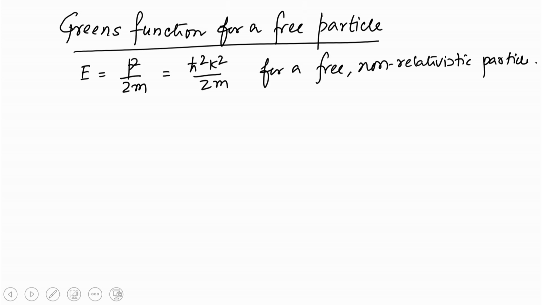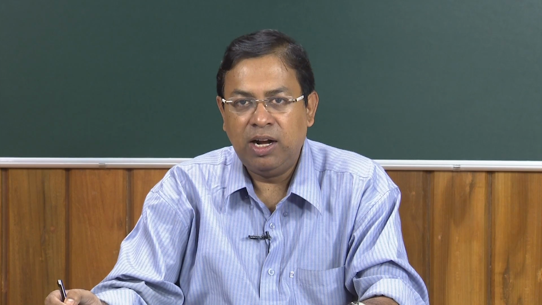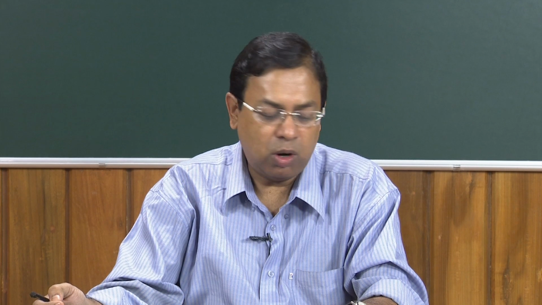So, it can be expressed in plane wave states, written as exponential of i k x, or in terms of the momentum explicitly, i p x by h cross, and hence we replace the index n by u p of x, where p is the momentum of the particle, a well defined quantity, and the quantum number corresponding to the momentum is a good quantum number.